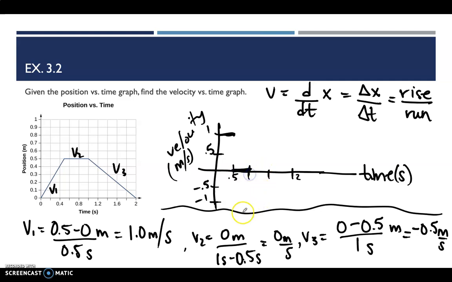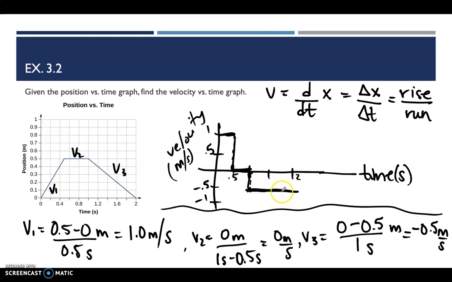So that's our second velocity. Now our third velocity is negative 0.5. So here, and that's from 1 second to 2 seconds. So this is how you draw that graph. There's going to be either a break, you can draw it like that, or you can connect these.